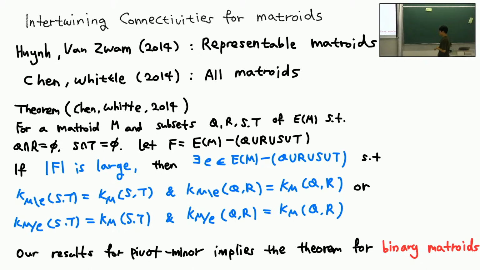Here, a binary matroid is a matroid which is representable over the field of size 2. Because of this correspondence, our result implies this theorem for binary matroids.